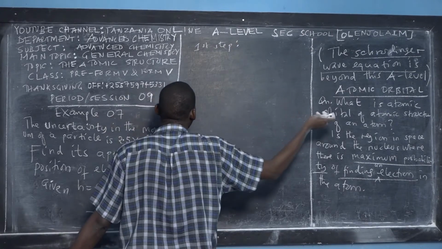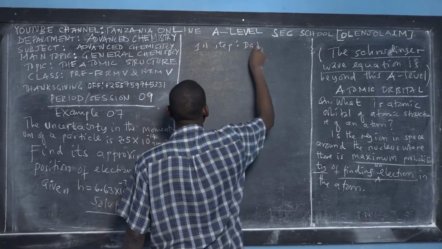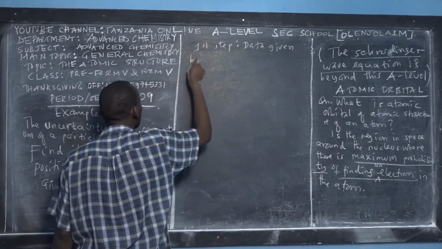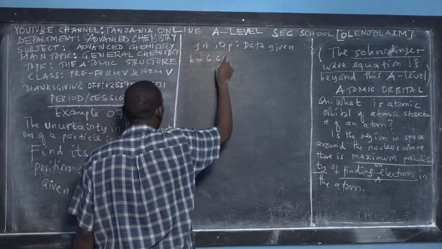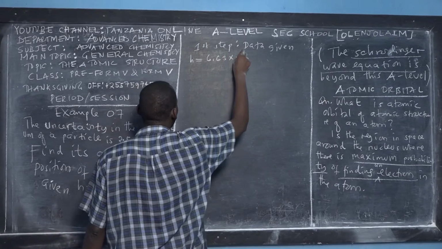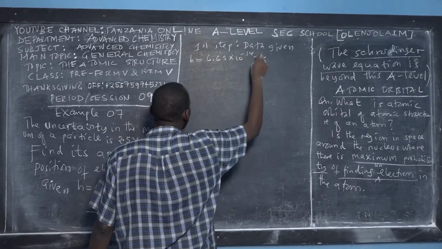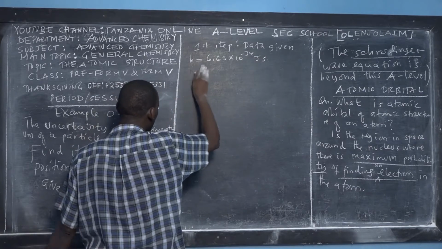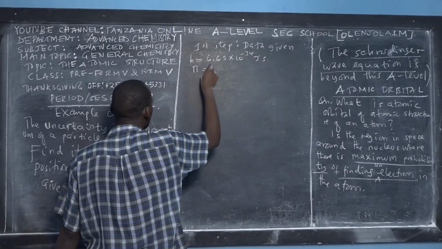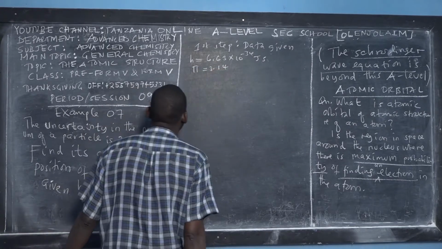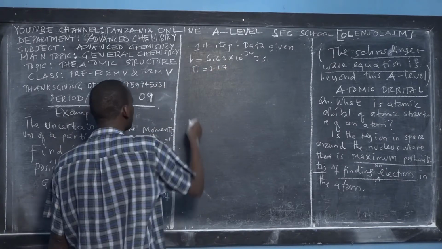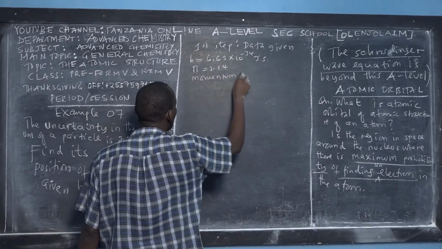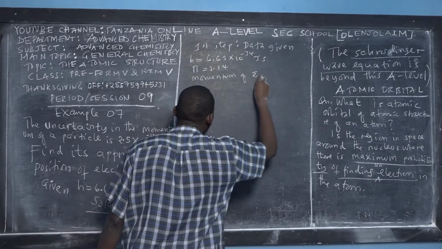So the first step: we have been given some data. We have Planck's constant 6.63 exponent negative 34 joule second. We've also been given the speed of light, but we don't need it. Pi is equal to 3.14. What is given is the momentum of the particle, which is the electron.